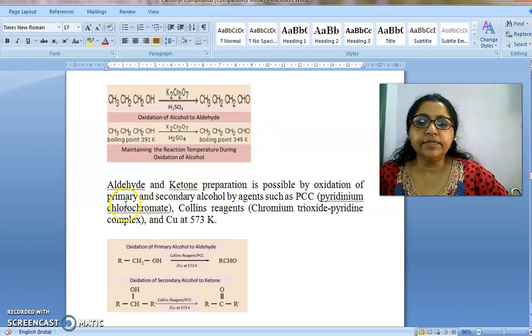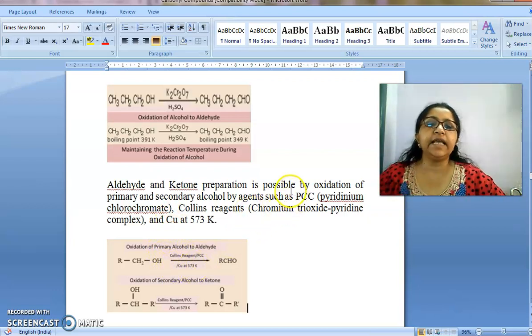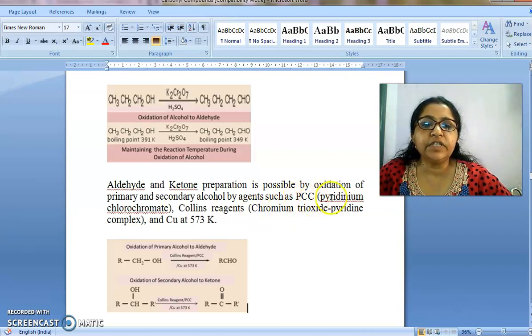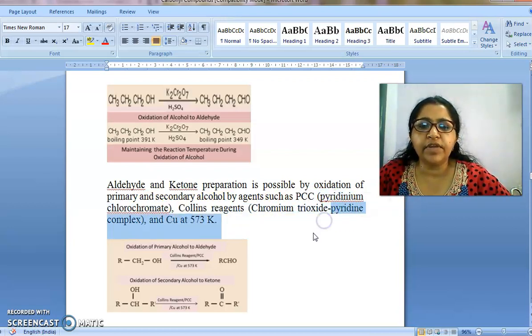So we will prefer aldehyde and ketone formation, particularly aldehydes, by using oxidizing agents like PCC. What is PCC? Pyridinium chlorochromate, Collins reagent, chromium trioxide pyridine, almost the same type of reagents.